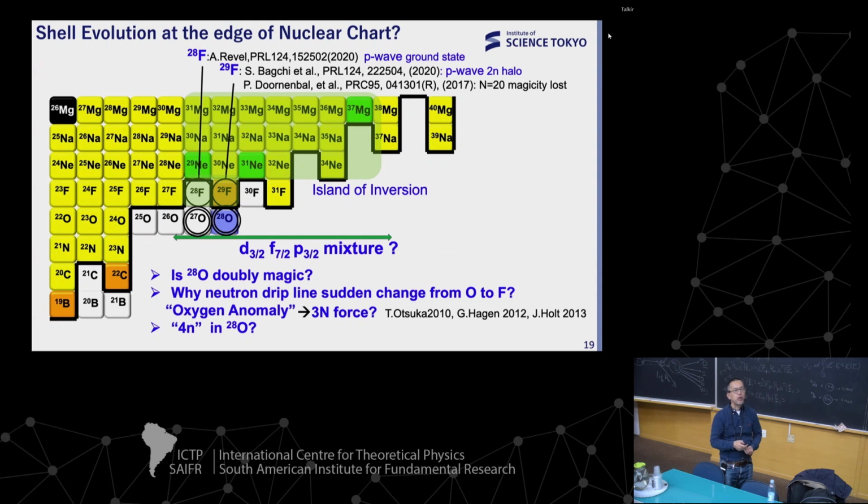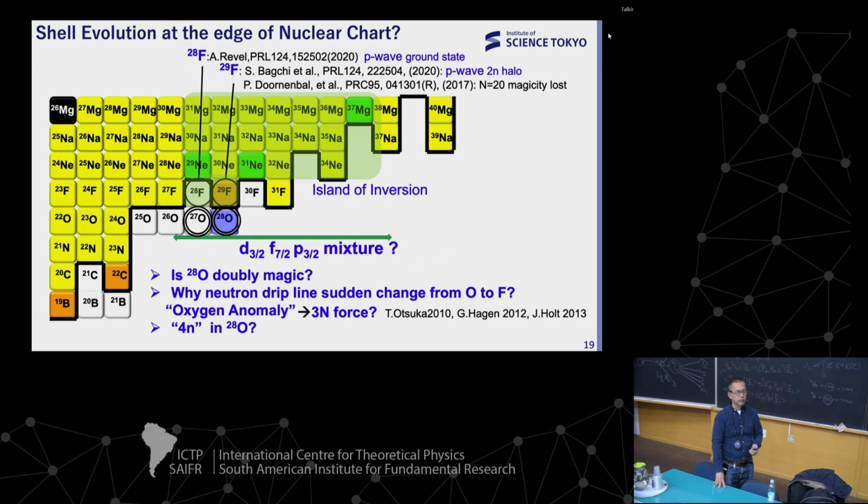No, because I think probably the binding is going down, but it's going up in the last part. I have to look at the figure, I don't remember it very well. But due to the three-body force, you see that it's going up after oxygen 24.